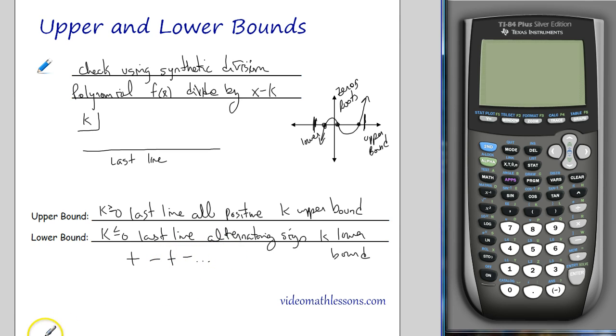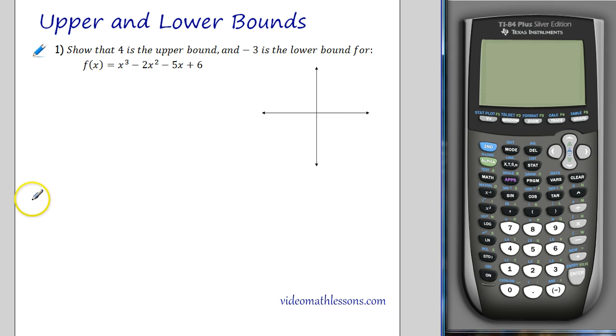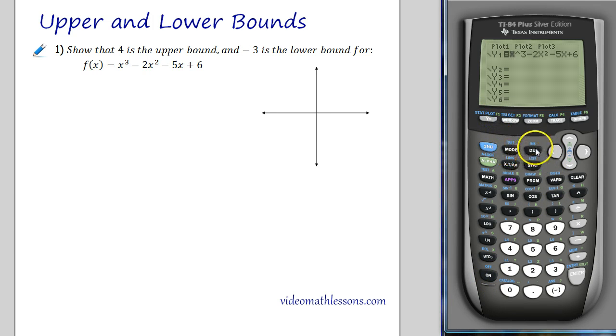So let's try a problem. Number 1: show that 4 is the upper bound and -3 is the lower bound for x cubed minus 2x squared minus 5x plus 6. I already have it typed in my calculator, so once you punch it in, let's check our graphs.